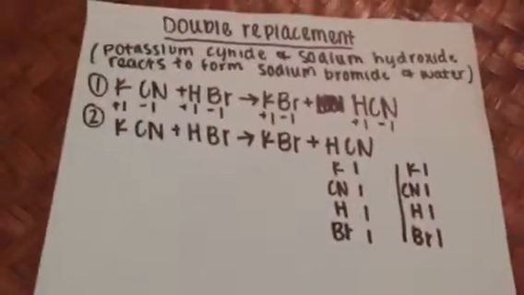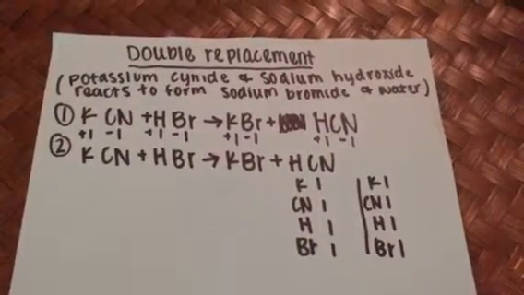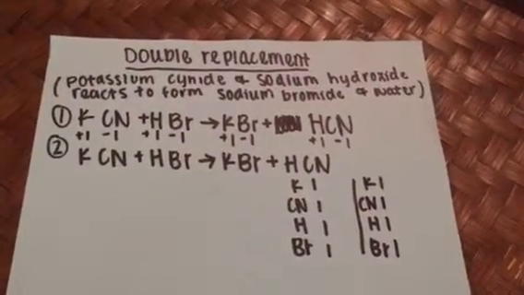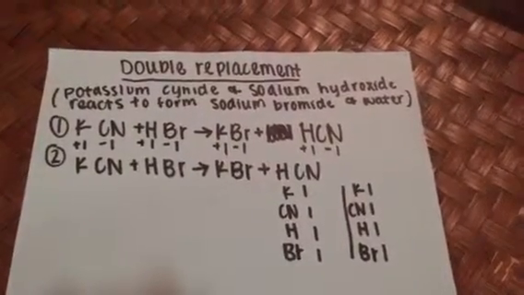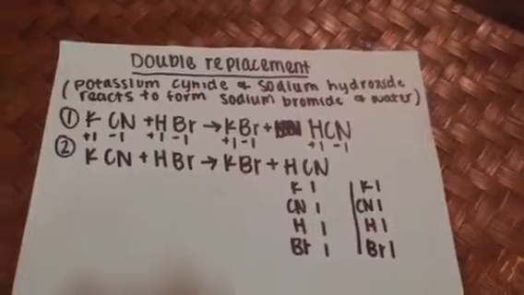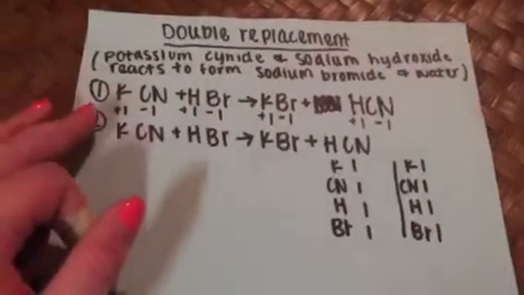And then finally, double replacement. Potassium cyanide and sodium hydroxide react to form sodium bromide and water.